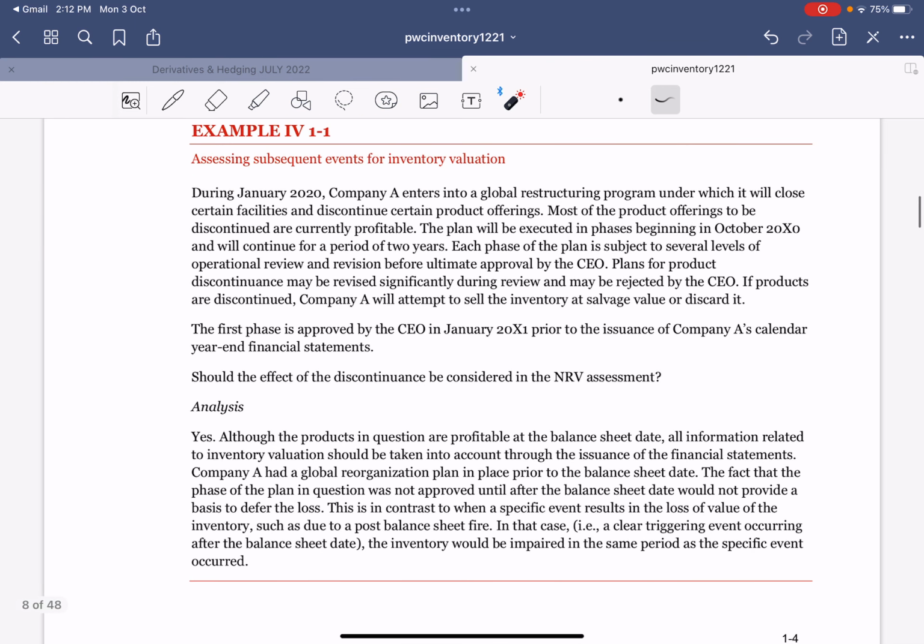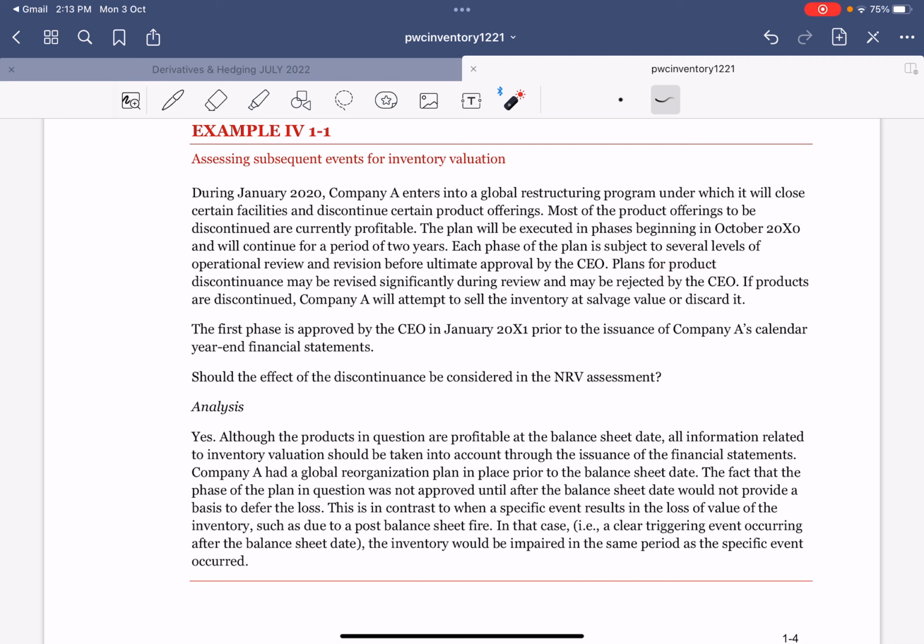So here, Company A's global restructuring program will close certain facilities and discontinue product offerings. They are profitable, the plan will be executed in phases beginning this period and will continue, subject to several levels of operational review and revision.